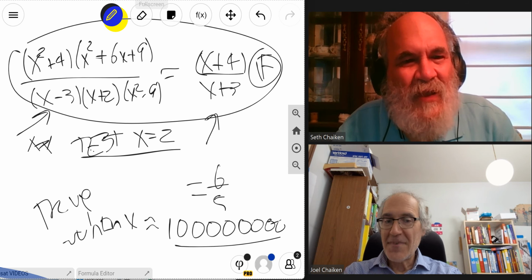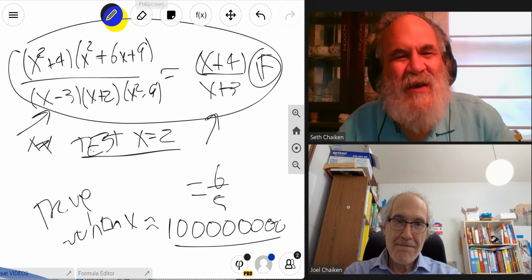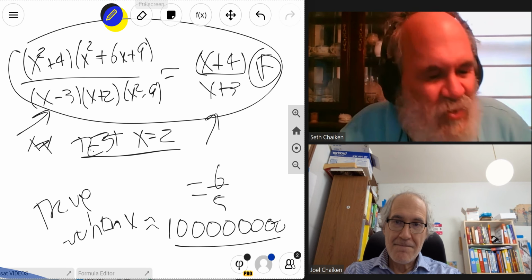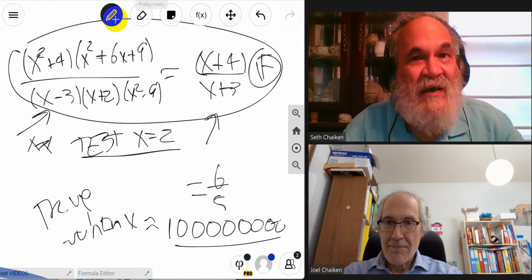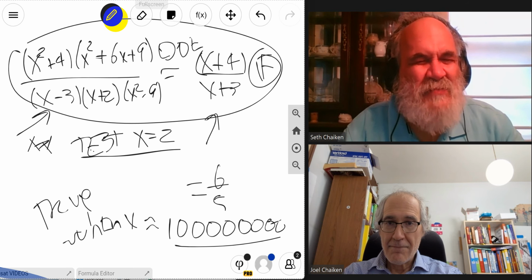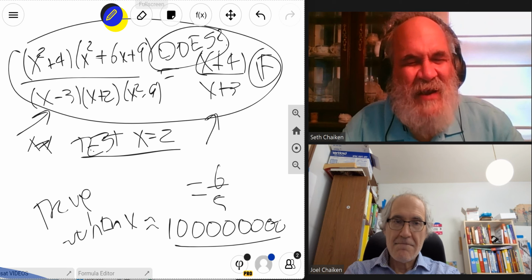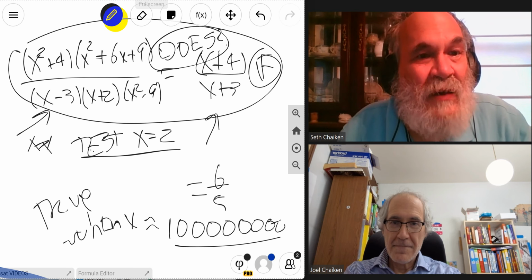The only values you need to stay away from, or employ when you have deeper knowledge of rational functions, are the values that make the denominator zero.